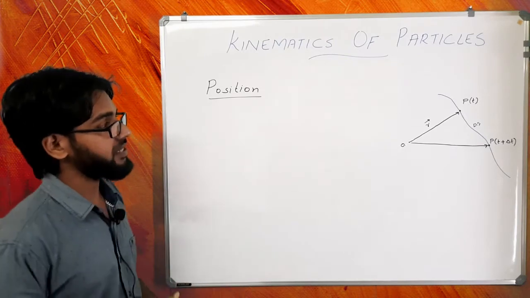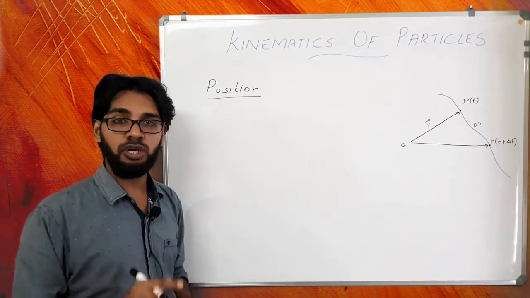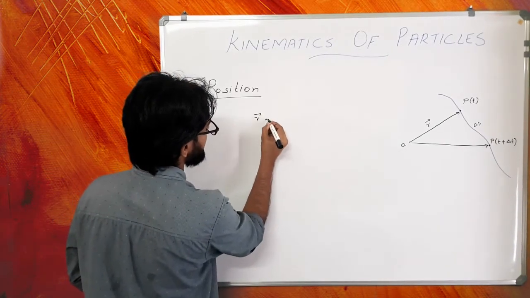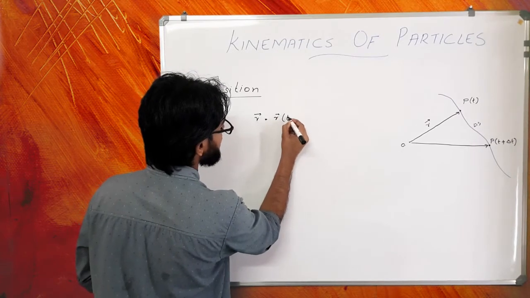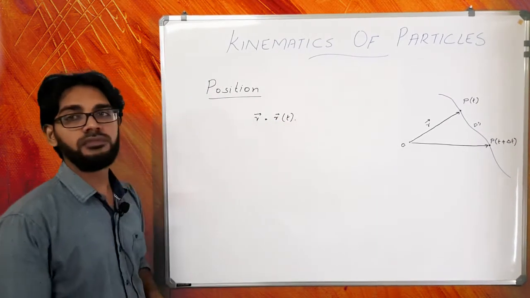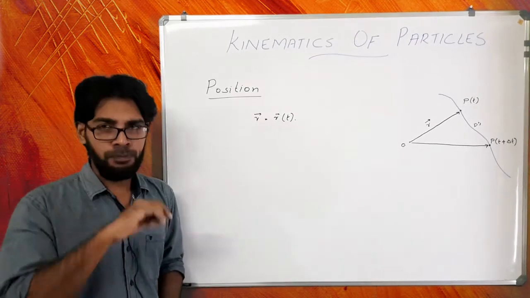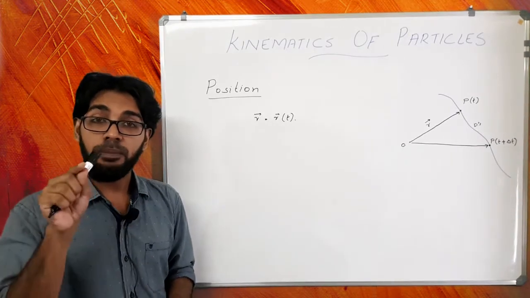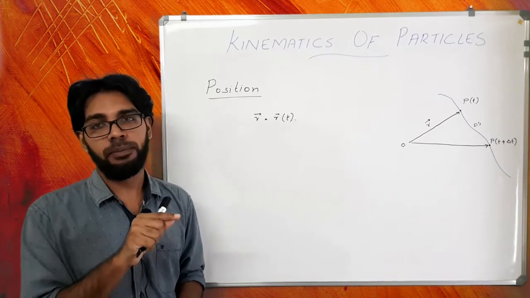So, as you can see, I can say that the position vector r is a function of time. Now, the variation of this vector can be represented by taking the derivative with respect to time.